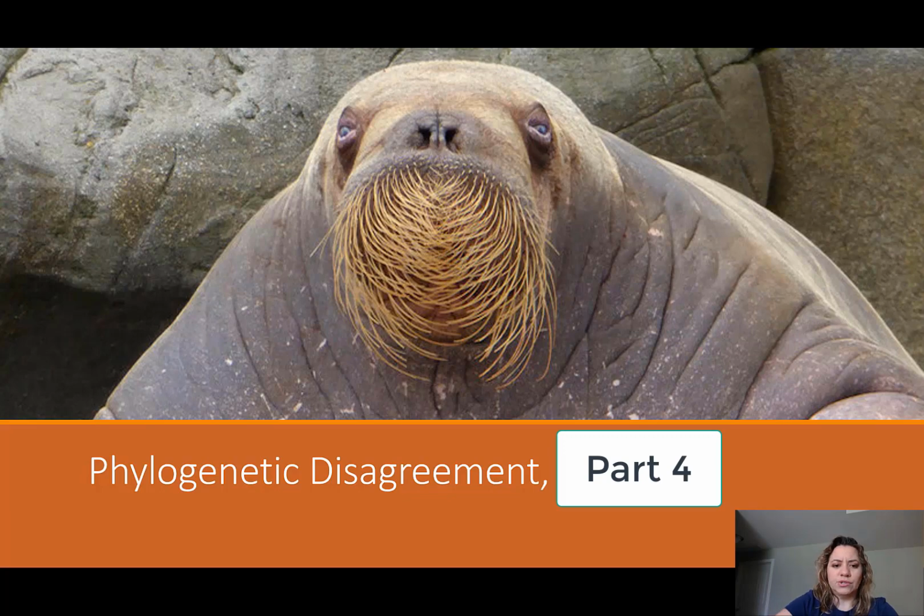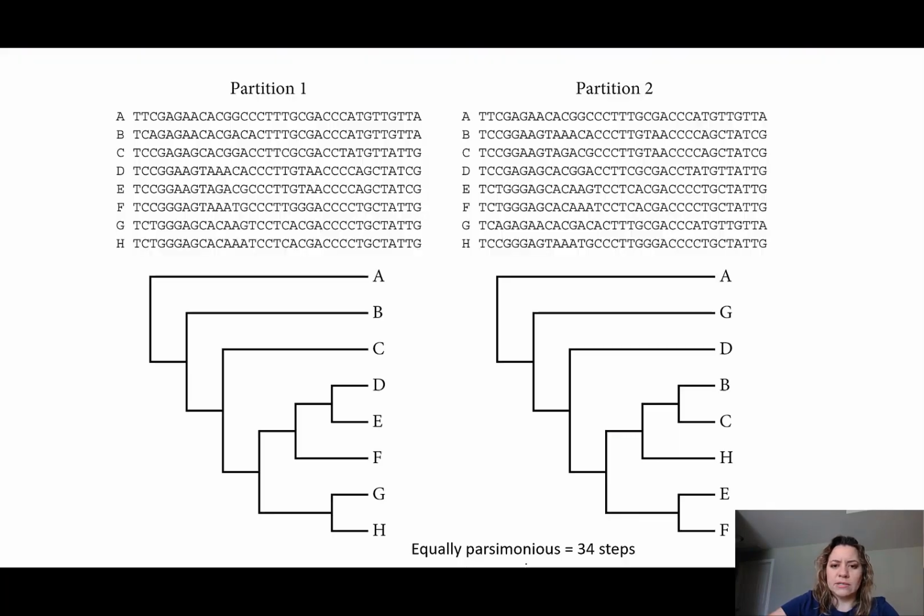The first thing we're going to do is talk about a generic data set, and then I'll come back to the carnivores because that was our model data set that we were looking at. I want you to imagine that you've got two different partitions, and here we're looking again at DNA. And imagine that you have run a parsimony analysis, so a cladistics analysis, and you've retrieved these two trees from the analysis.